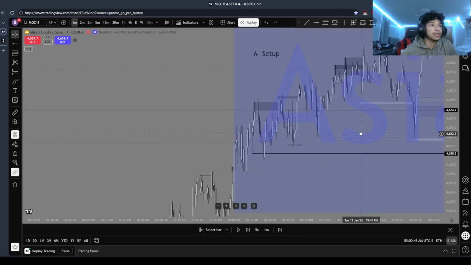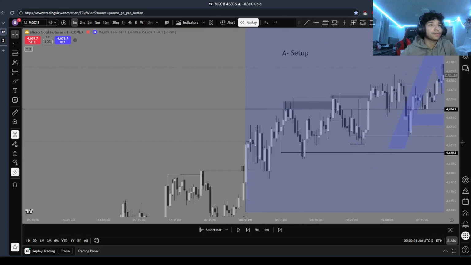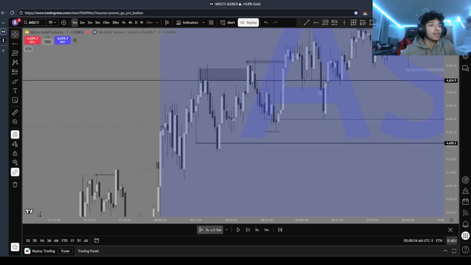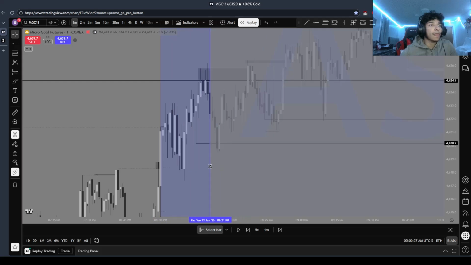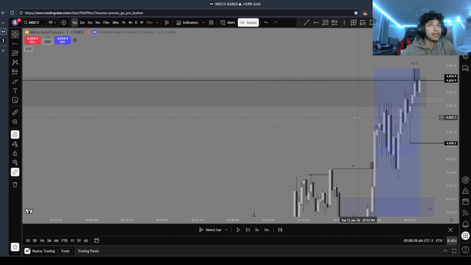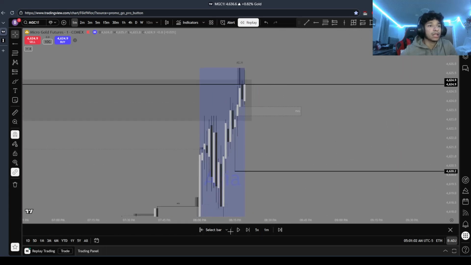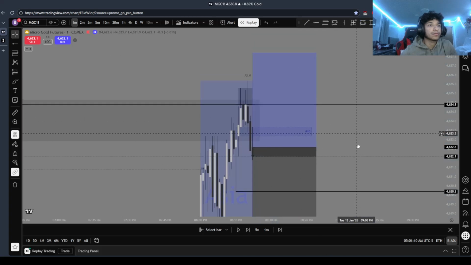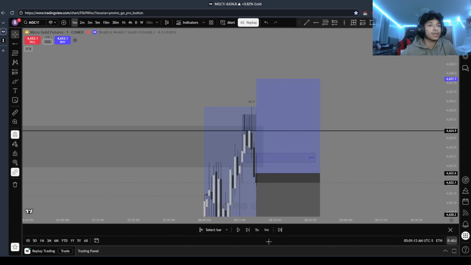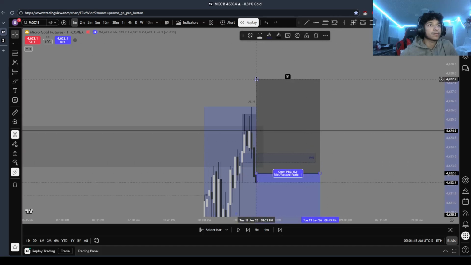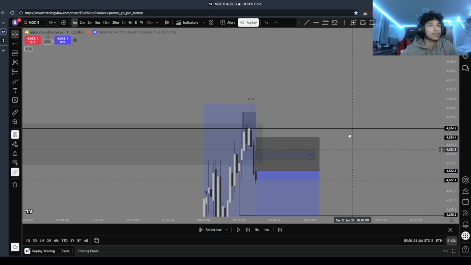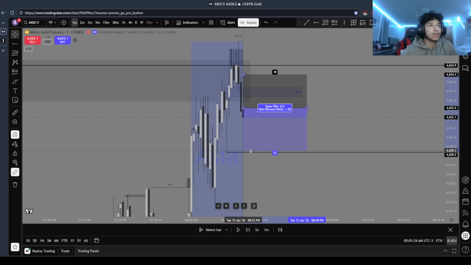On this first trade, we entered in right here. Once we got that inverse, go to right here for 1 to 3.